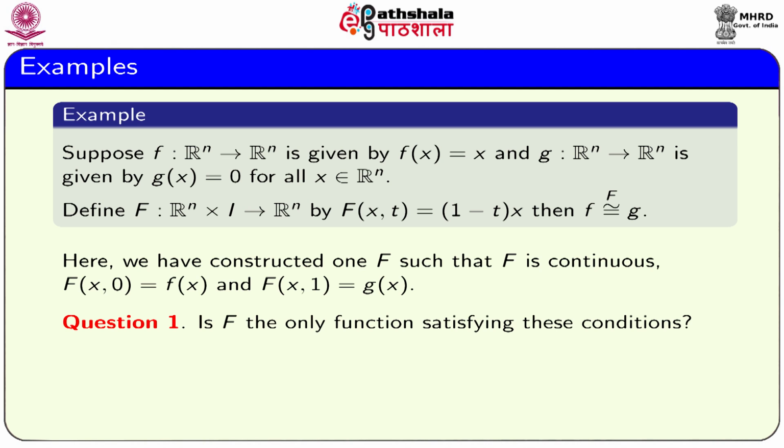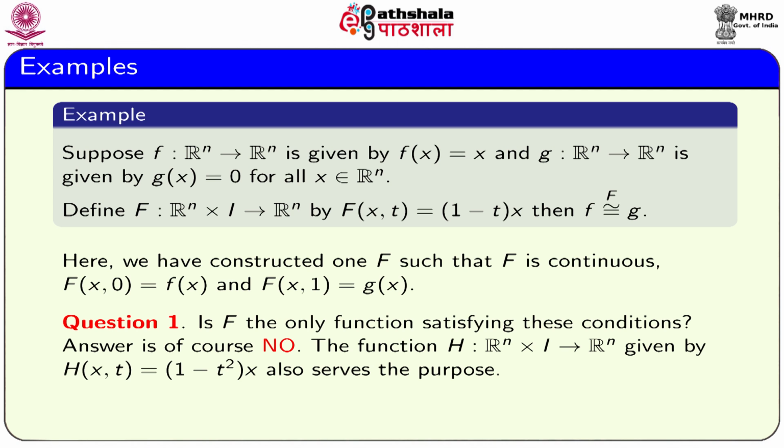Now the question is, is F the only function which satisfies these conditions? Answer to this question is definitely no. We can also think of another function, capital H, from R^n cross I to R^n, given by H(x,t) equal to (1 minus t squared) times x.